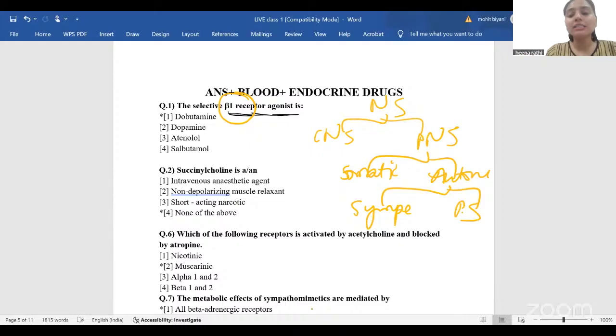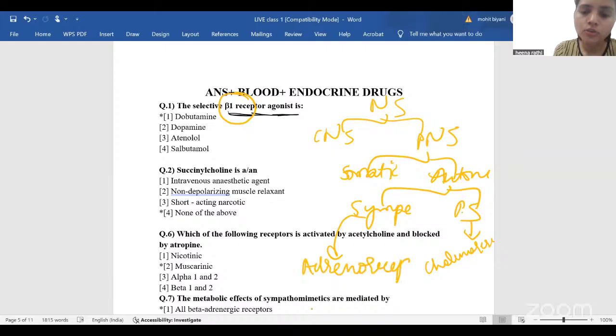The parasympathetic nervous system acts through certain receptors which are called cholinoreceptors, and the sympathetic nervous system acts through receptors called adrenoreceptors. In the adrenoreceptors, there are alpha and beta receptors.